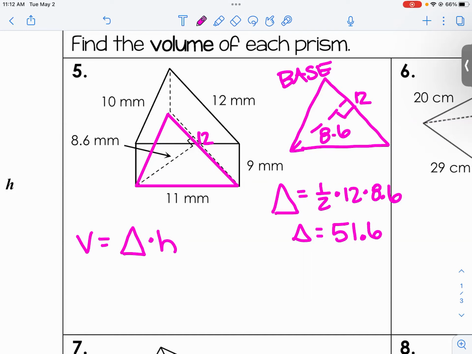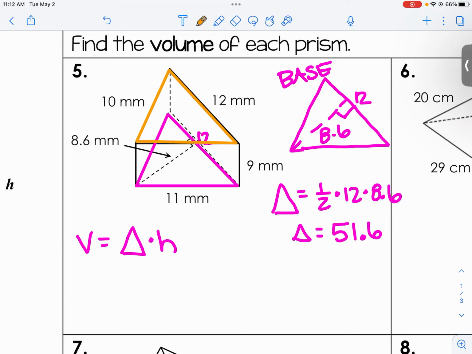Okay. So now we need to figure out which one of these numbers is the height of the prism. Don't yell it out, please. So here in orange, I'm going to highlight the other triangle. I need to know the distance between those 2 triangles. Is it 10? Is it 11? Is it 12?